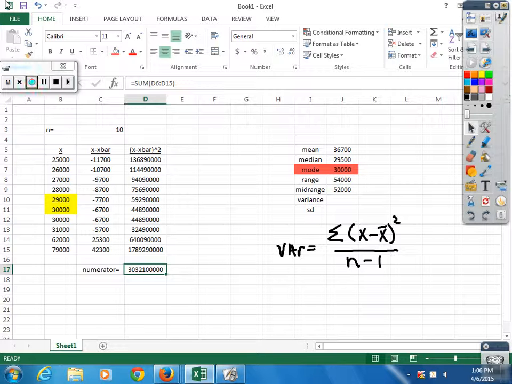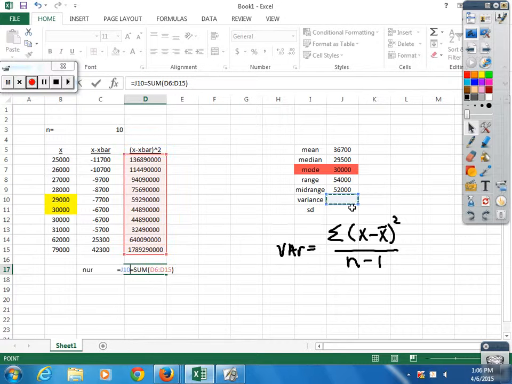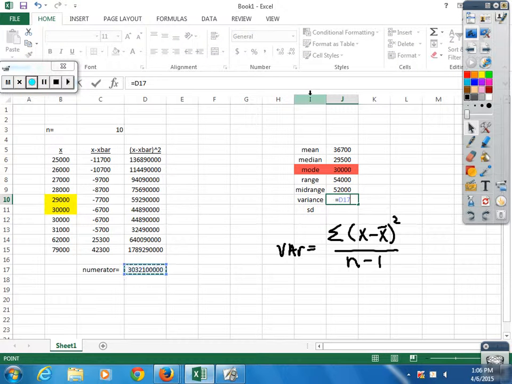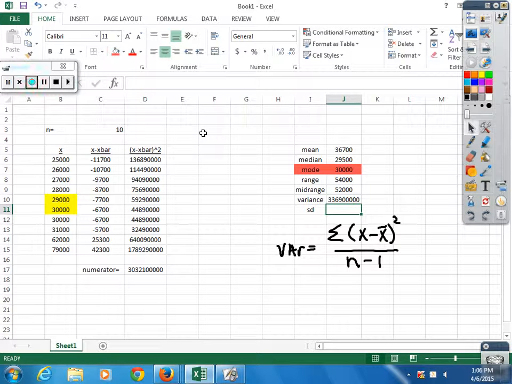Now take that numerator and divide by, what's n minus 1? 9. So, right here, you're going to type in equals that big number divided by, parentheses, this number minus 1. And that's our variance, which really we don't care about.